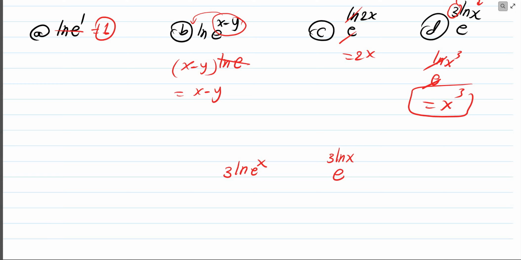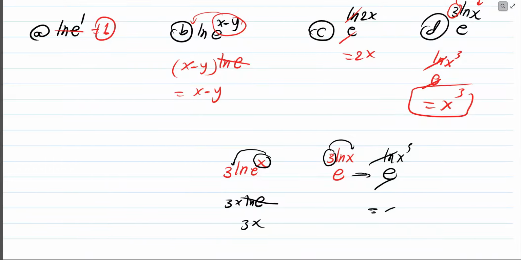In the first one, I have this power on e, right? I can move this power next to the 3. I will get 3x ln e. But in this one, I can move the 3 power back. I will get e power ln x power 3. So in the first, ln and e cancel each other, and we get 3x. And in the second, ln and e cancel each other, and we get x power 3. So these are different. Please be careful.